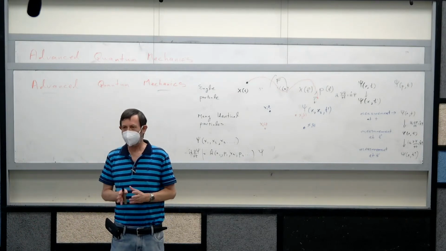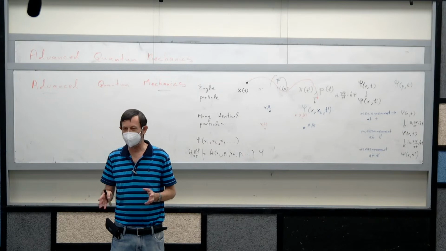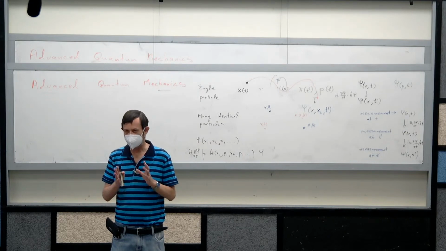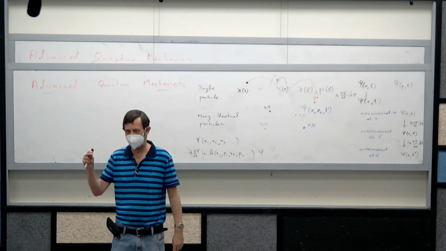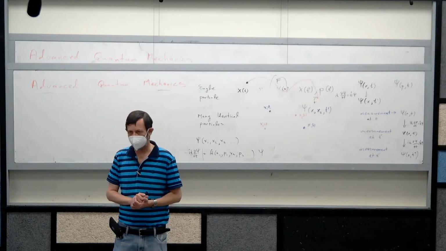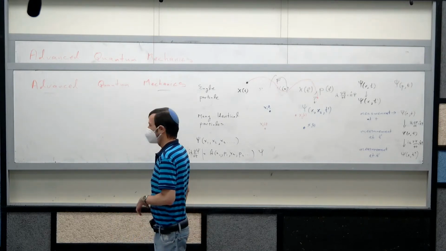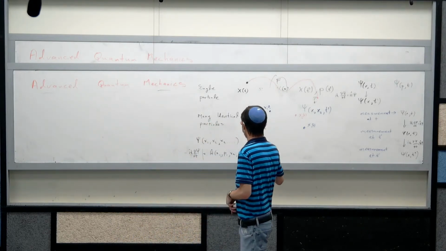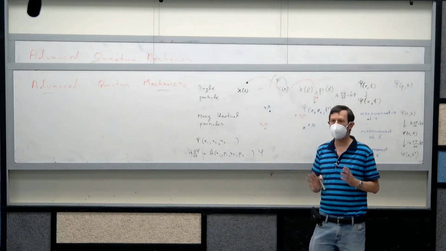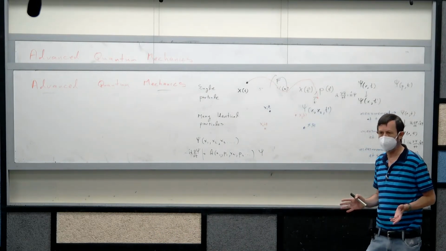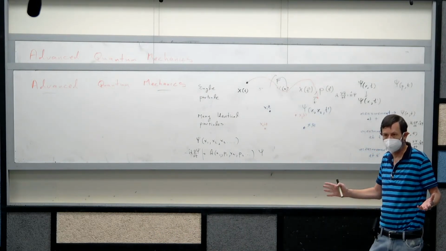If you want, Gibbs was one of the first who understood that something is not all right with classical physics, just because of this Gibbs paradox. And first of all, why is this not a problem in classical physics?